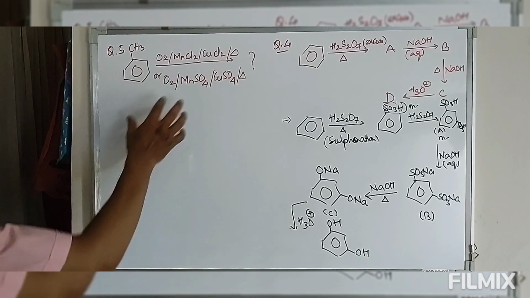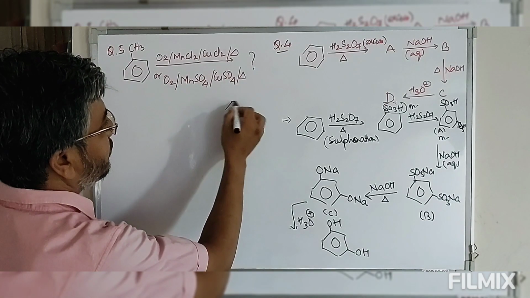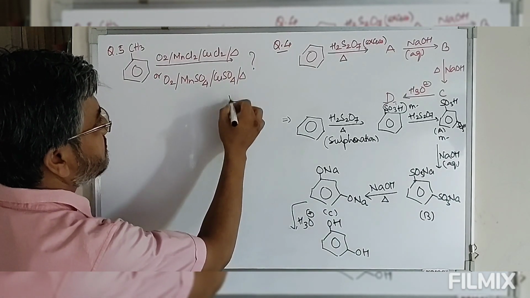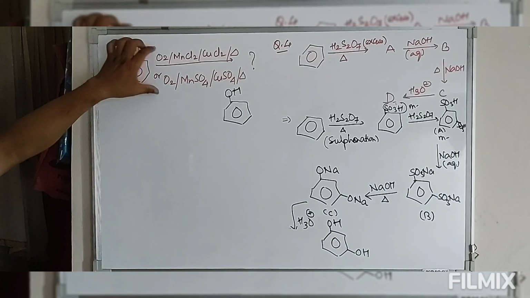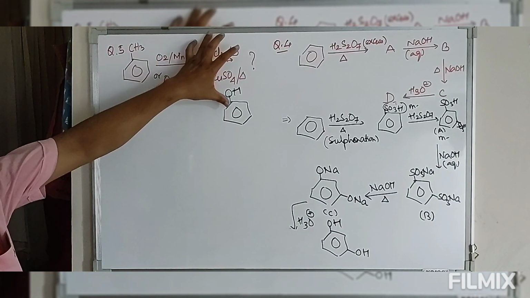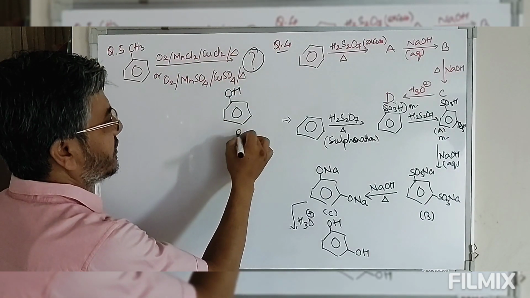So this converts this toluene into phenol. So direct conversion of toluene into phenol is by oxidation with oxygen in presence of manganese salt and cupric salt, followed by heating. So the product formed here is phenol.